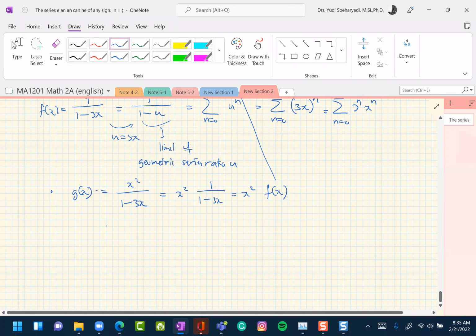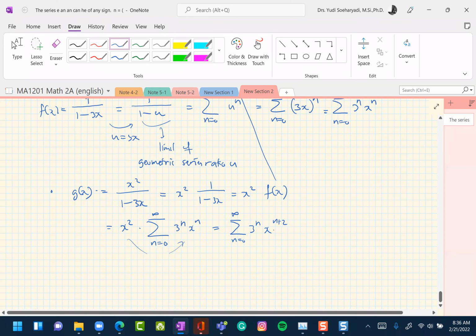That's why it's just x squared times that sum there. So that means the sum of 3 to the n times x to the n plus 2.